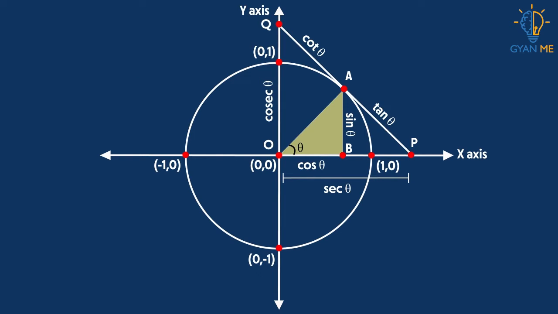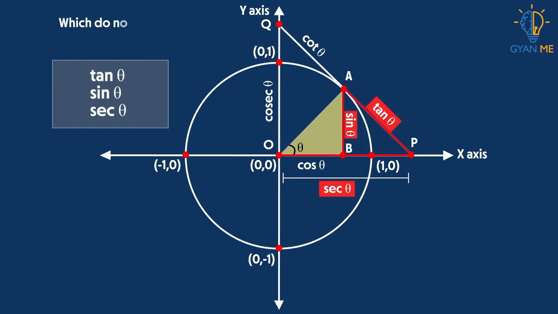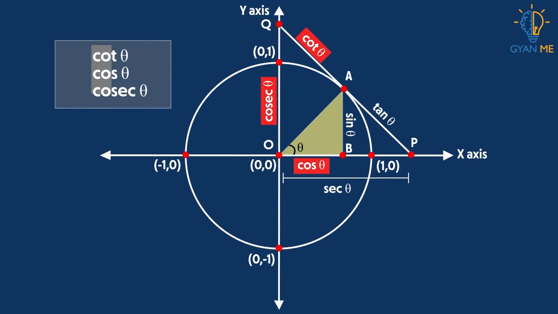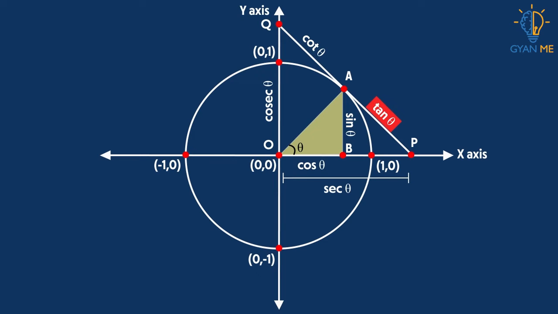So if you see all these tans, sines and secants which do not have co before their names, they are cutting the x-axis, while all the ratios with co in their names are cutting the y-axis. Tan cuts the x-axis, while sec is itself on the x-axis, while sine also cuts the x-axis. But cot and cosec cut the y-axis.